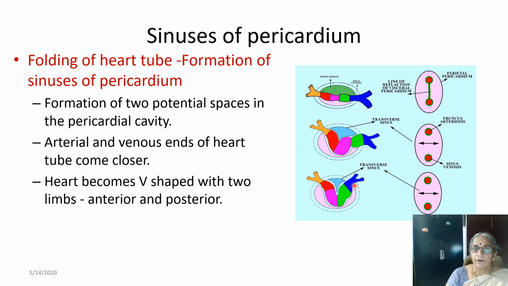So the foldings of heart tube are responsible for the formation of sinuses of pericardium, which are two potential spaces in the pericardial cavity. The arterial end and venous ends of the heart tube are coming closer. Now the heart becomes V-shaped with an anterior arterial component and a posterior limb or the venous component.